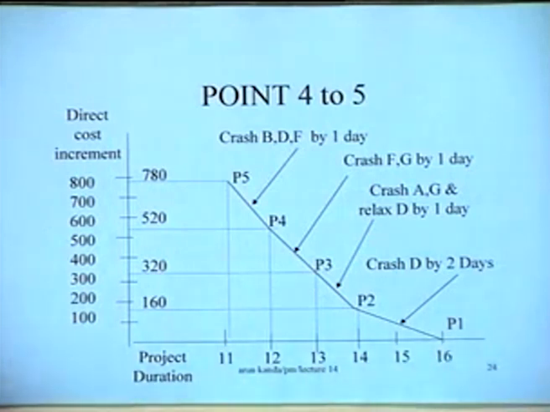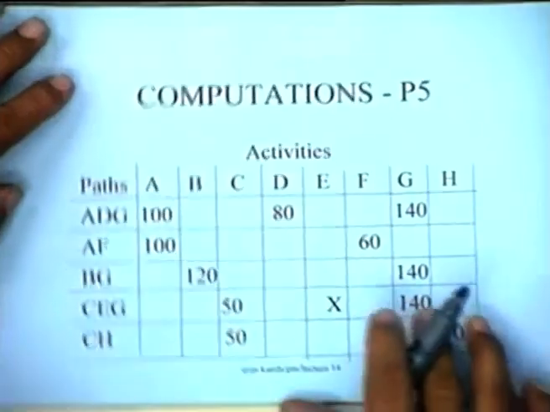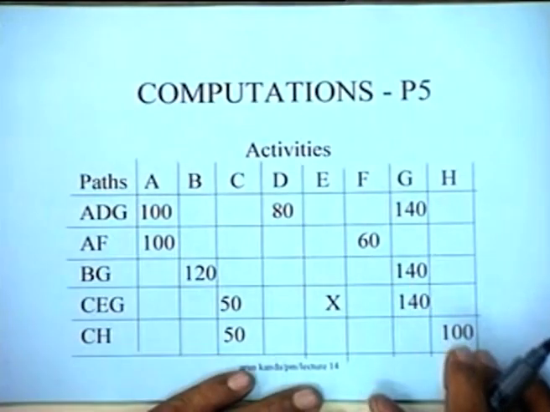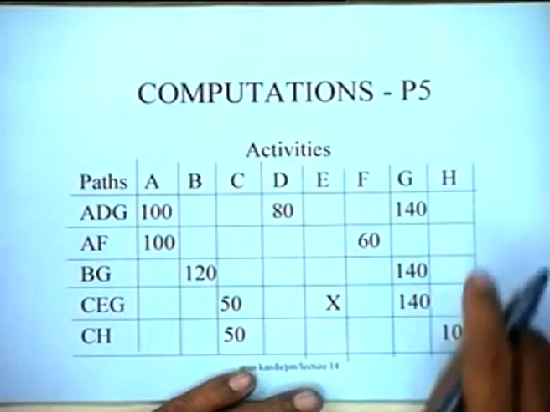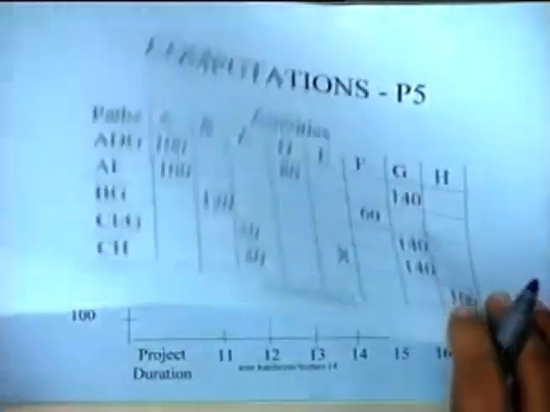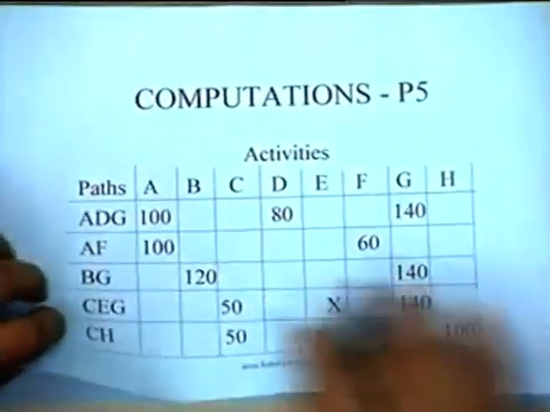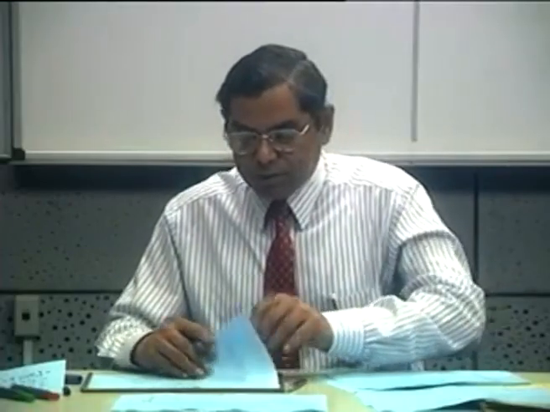Let us now try to see what is the status at P5. What we had done was crash D, F and B, the various activities that we had tried to reduce.